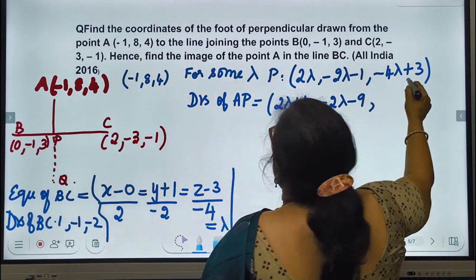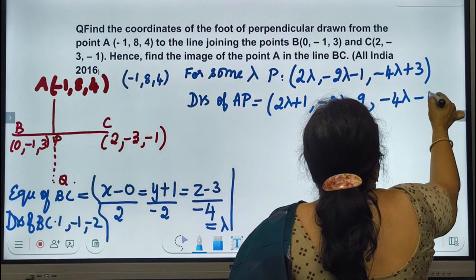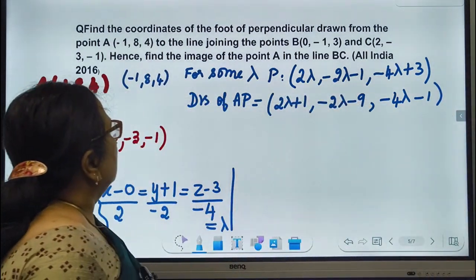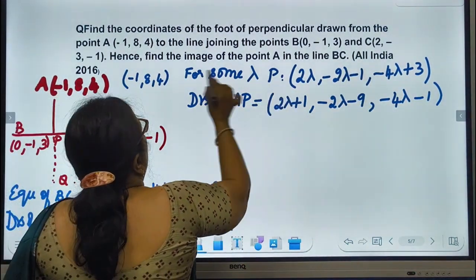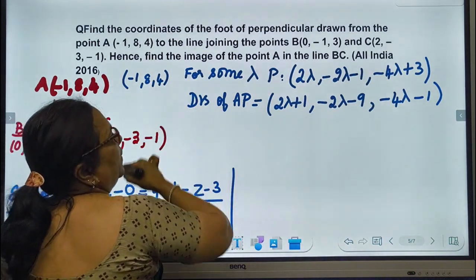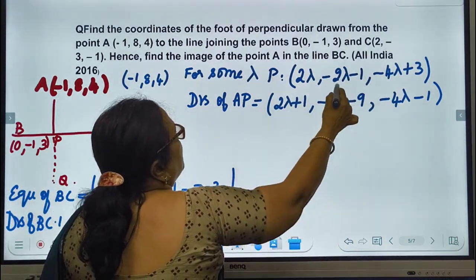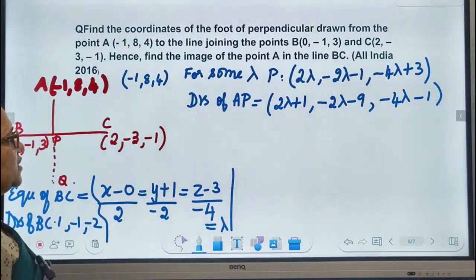Then minus 4 lambda plus 3 minus 4, so minus 4 lambda minus 1.